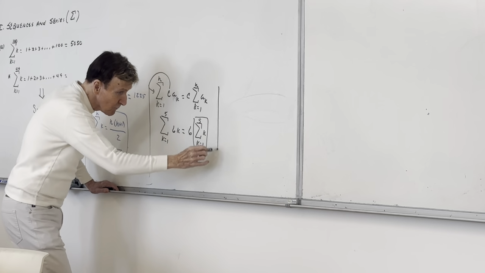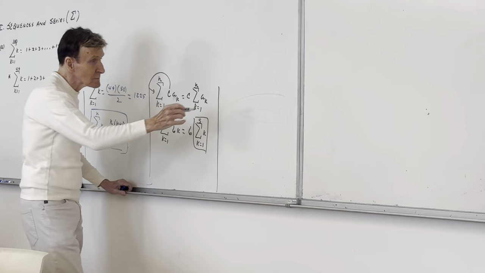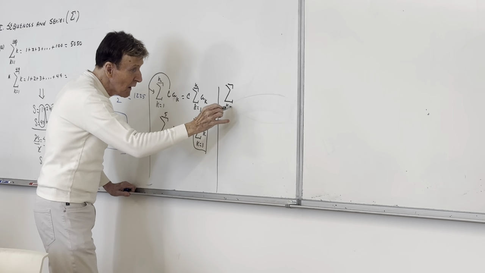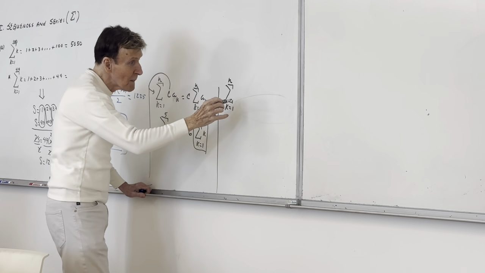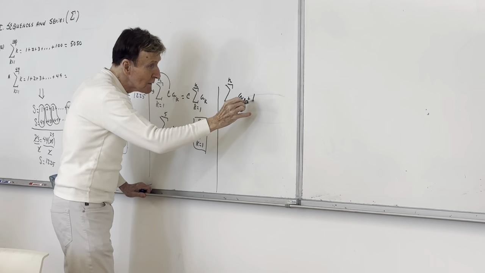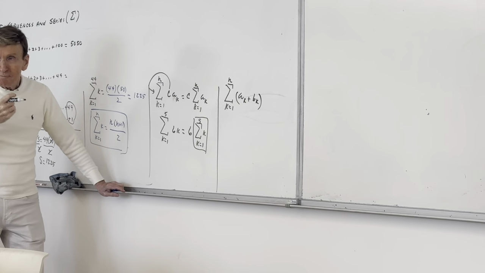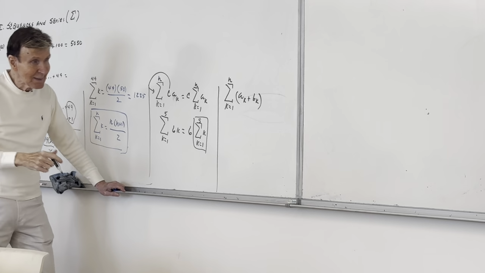Shane, please help me out. What else do we have for formulas? We've got sigma with K equals 1, up high is N, and then in parentheses, A subscript K plus B subscript K. And the formula says, if I need it, what am I allowed to use now?